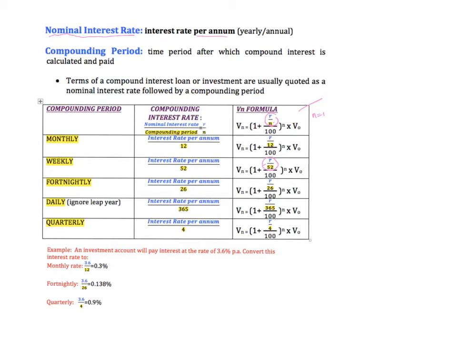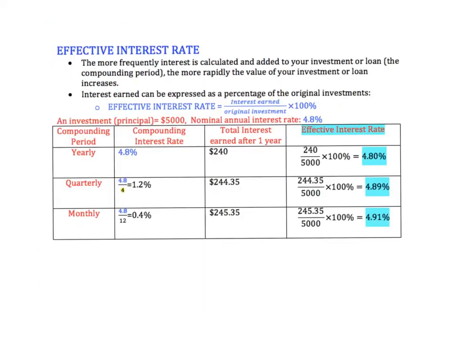Looking down here at an example, an investment account will pay an interest of 3.6 per annum. So here is the nominal rate they have just stated. Convert this rate to monthly. So if we have to convert 3.6, we divide by 12, fortnightly, 26, and so on. Pretty easy.